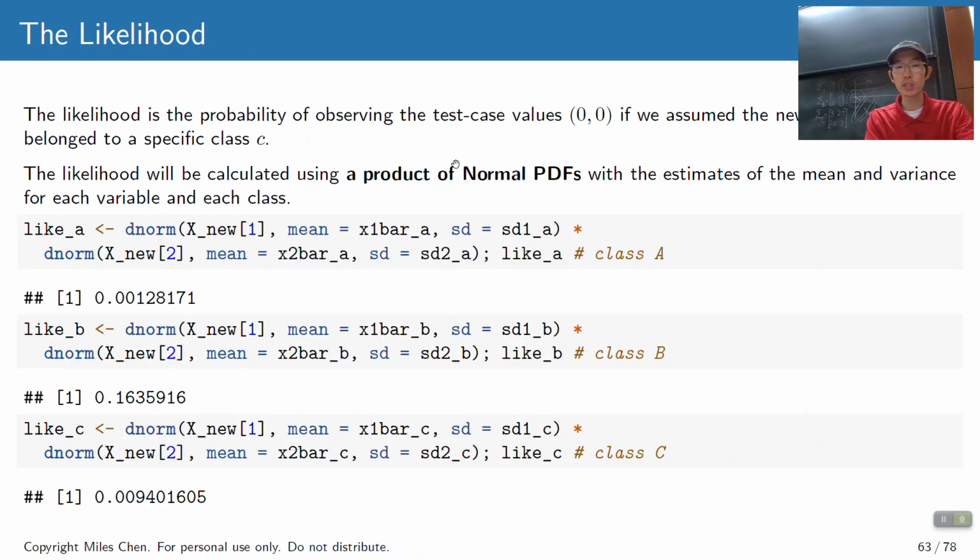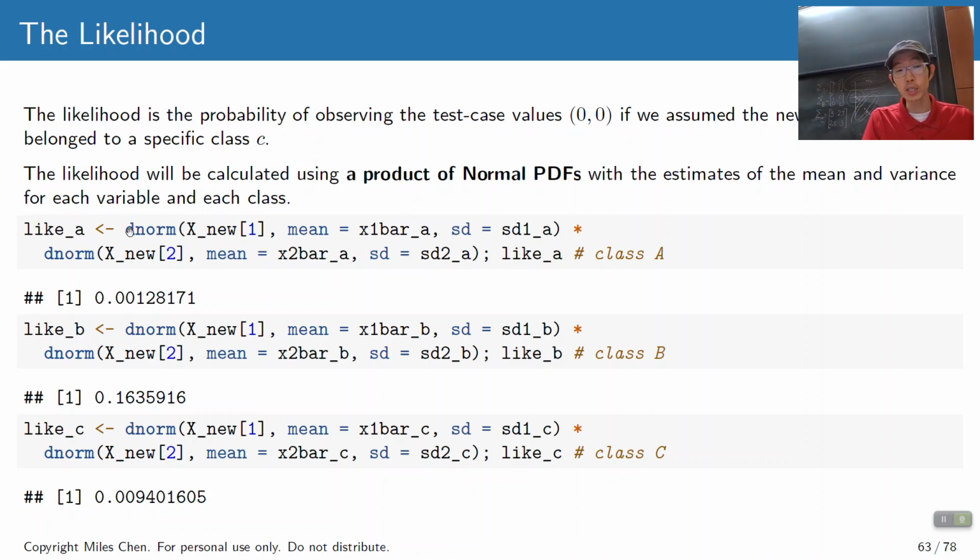So rather than the multivariate density function, I just have the regular normal density, dnorm. dnorm is for a univariate normal distribution, and I have a new test case at 0, 0. So this is the density of getting 0 if I have mean of class A for x, so x1 bar A, and standard deviation of variable 1 for class A. And then I multiply it by the density for variable x2.